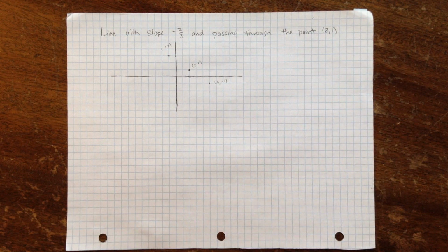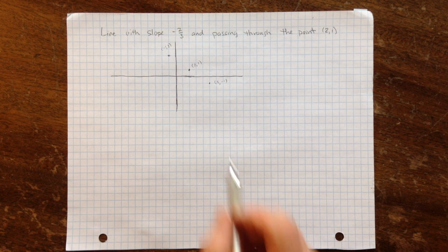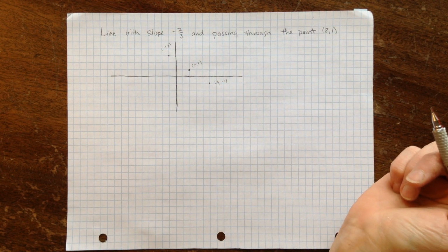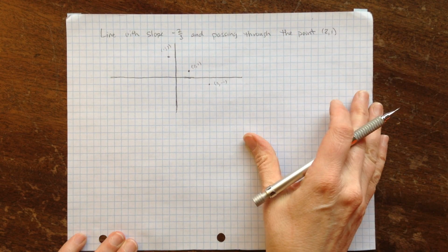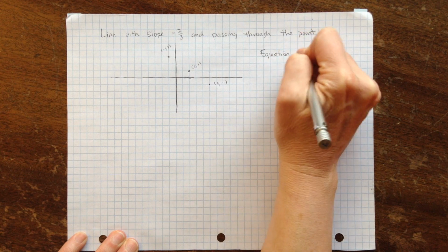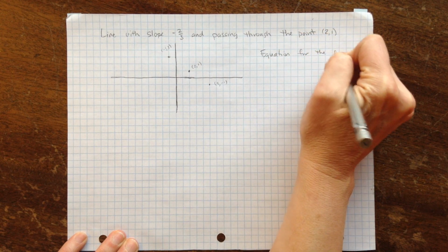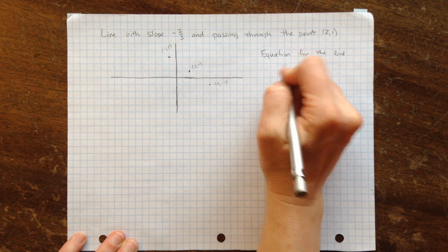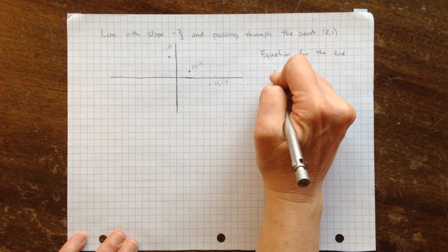So, we can find any number of points on this line just by moving back and forth using the slope and thinking of the slope as rise over run. And if we want an equation for this line, we can find one. We could do, say, the point slope form.